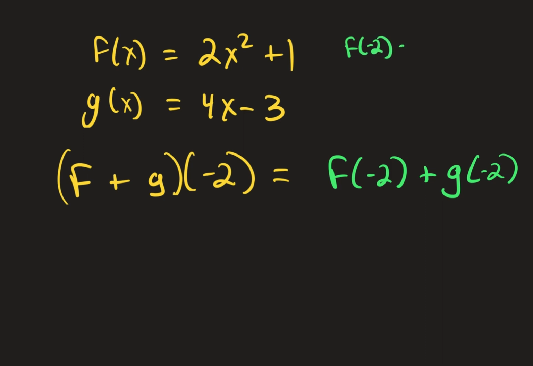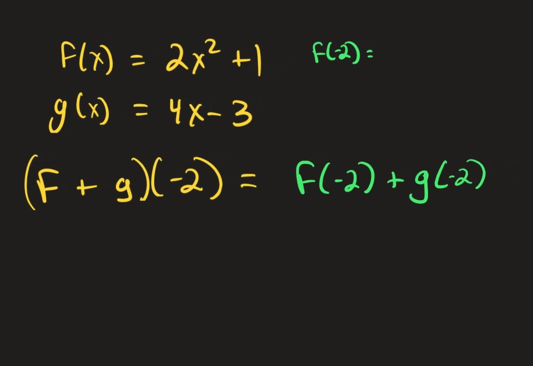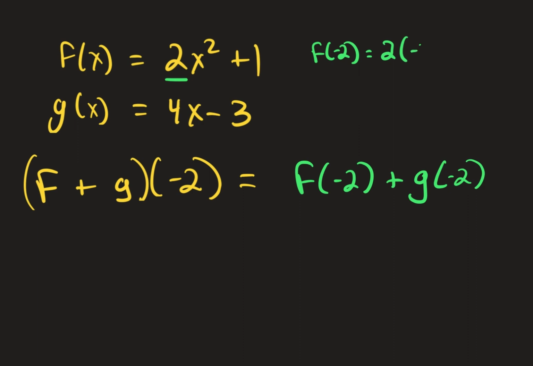So I'm going to go up here and find f of negative 2. In my f function, anywhere I see an x, I'm going to replace it with a negative 2. So this is going to be 2, and then I'm going to put the negative 2 inside parentheses and square it, plus 1. Here's where your number sense or your calculator comes into play. You need to remember to follow order of operations.